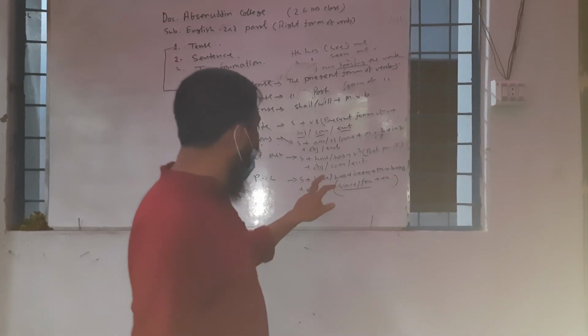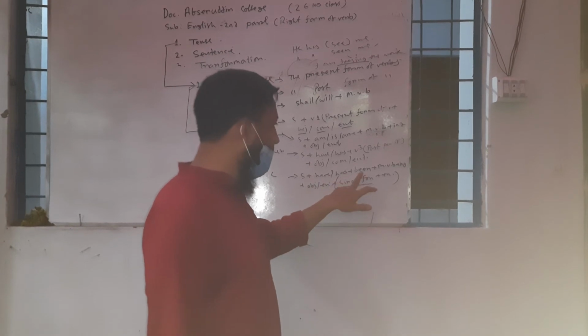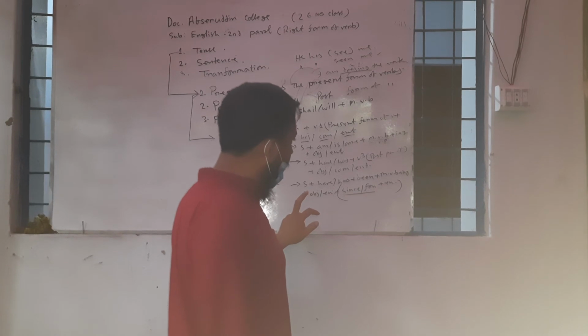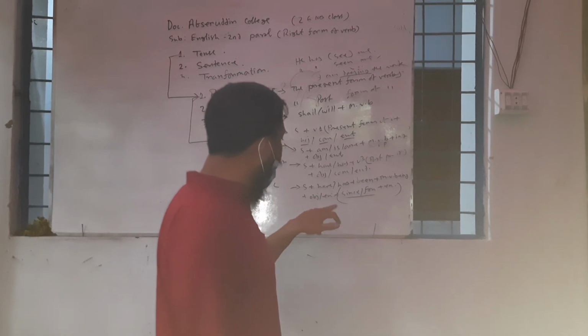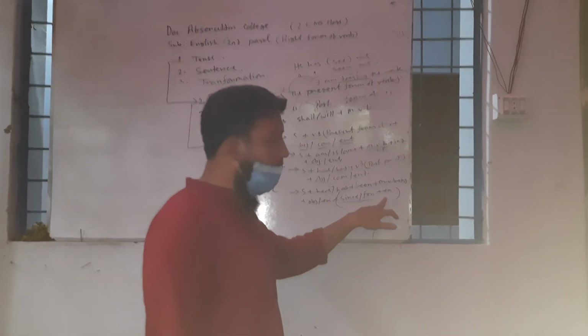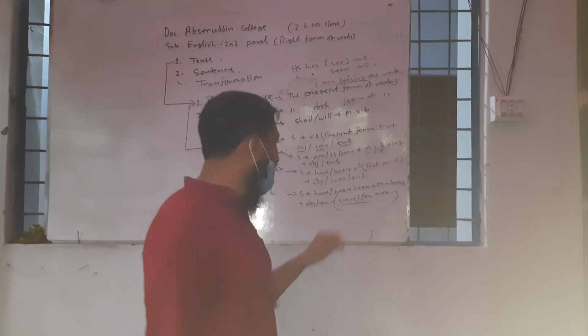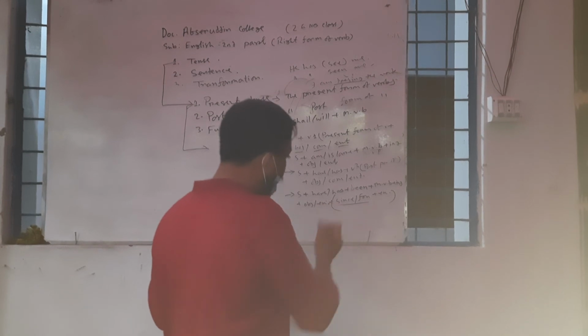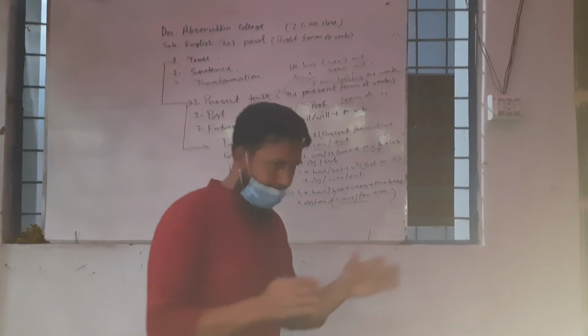However, the structure is: subject plus have or has plus been plus main verb plus ing plus object plus extension, the since or for plus extension. Mainly, if we want to write just still this, we can write it in English sentences.